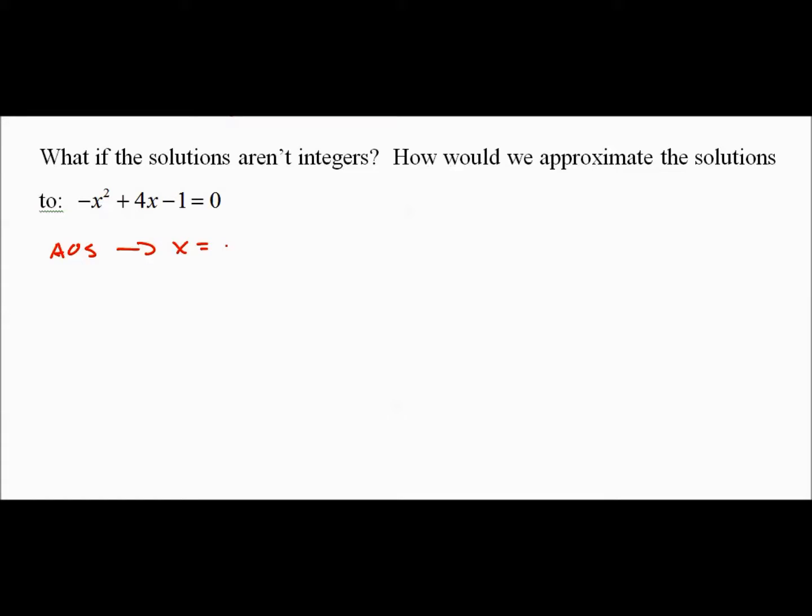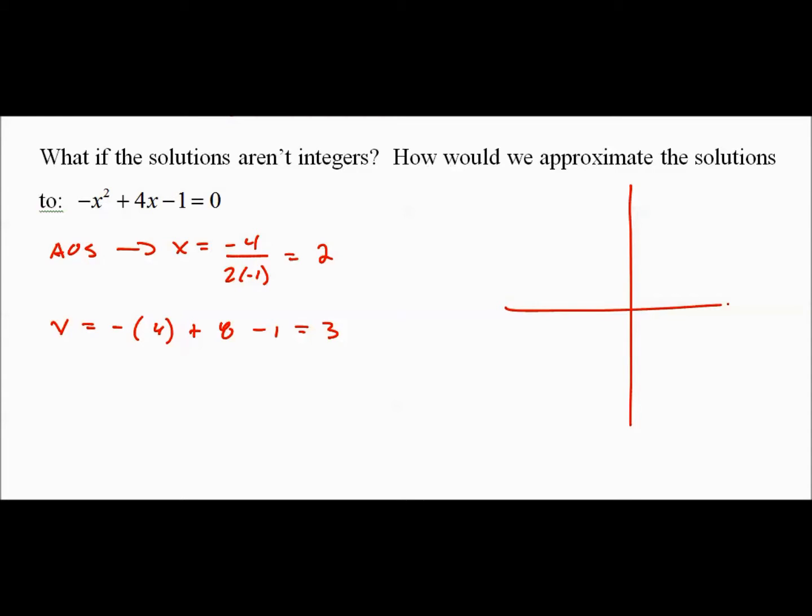X equals -4 over 2 times -1 equals 2. Plug it back in. The vertex equals -4 plus 8 minus 1 equals 3. Some people immediately say, oh, see, it's at 2, 3, and it's going up. Well, it's not going up, it's going down.